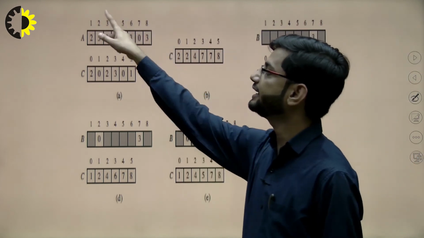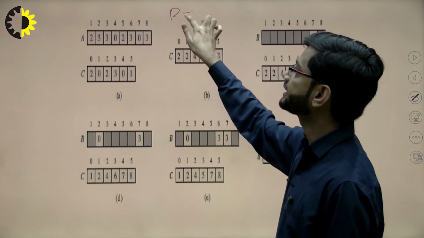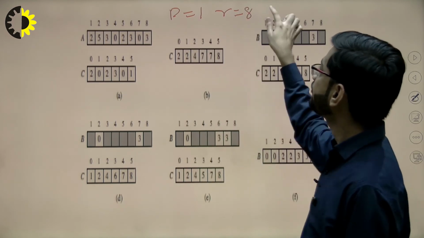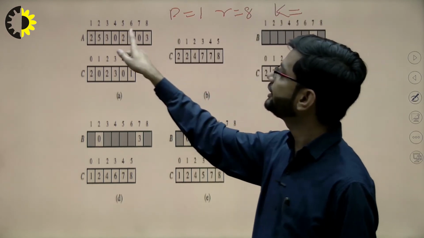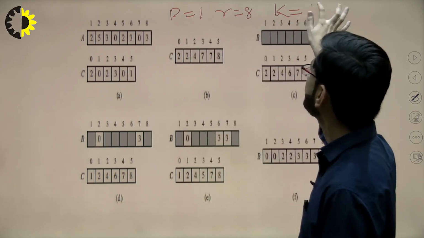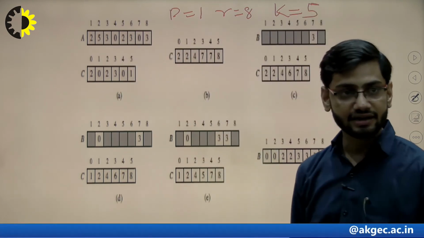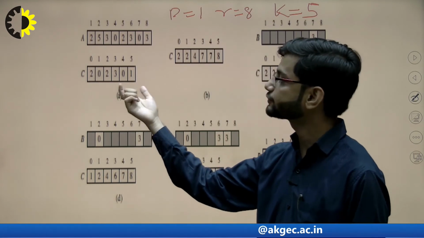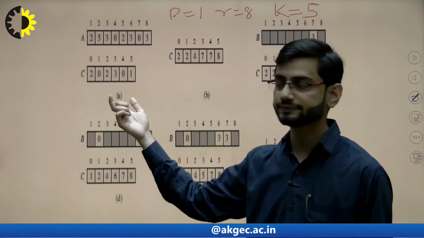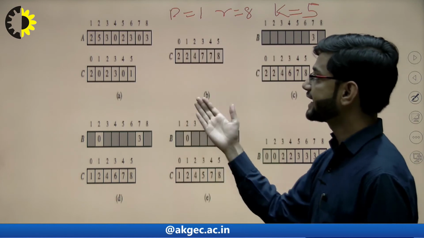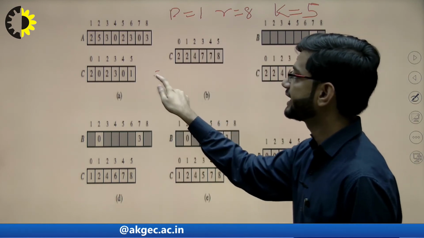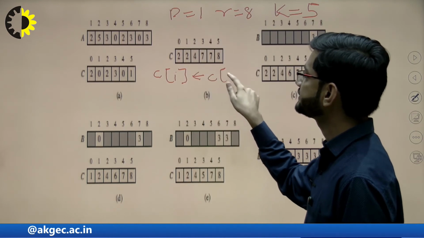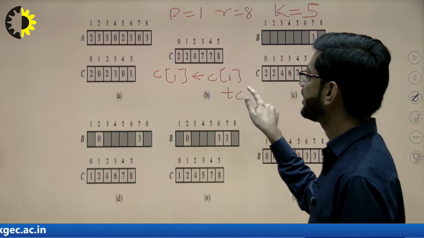Initially array A is given where the starting index is 1 and the ending index is 8, and k, the highest value integer, is 5. So what I have done is declare my array C from 0 to 5 and store the frequency of each element. In the second step, C of i is replaced by C of i plus C of i minus 1.